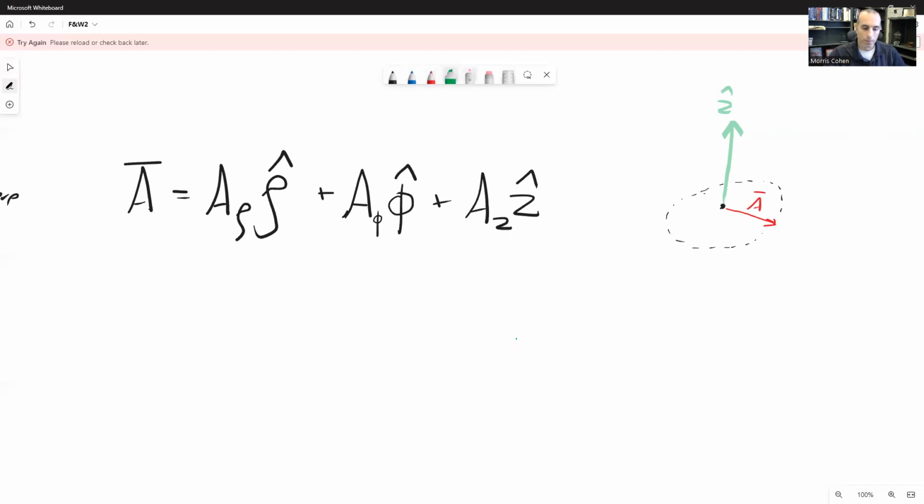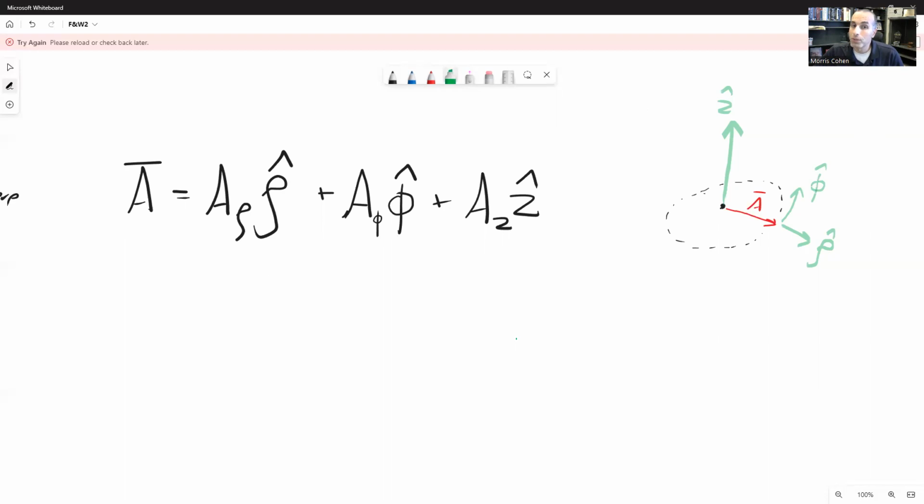If we do that, then the rho component is pointed away from the Z axis, like this, and the phi component is basically tangential to the circle. So this would be the phi hat vector.